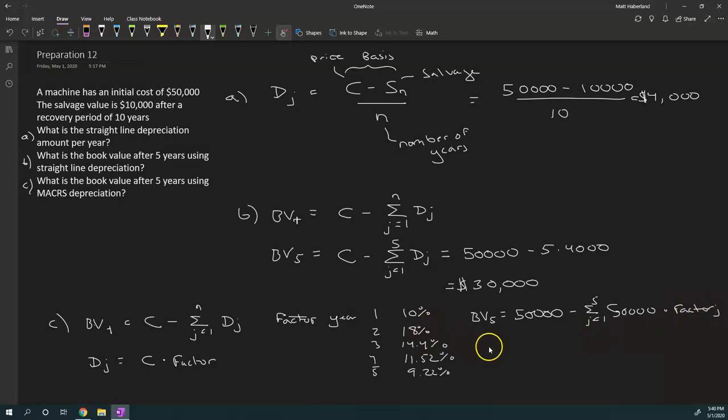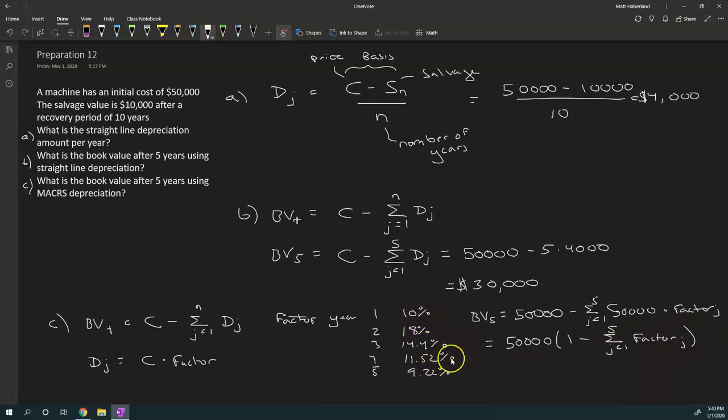And so that simplifies a little bit. It's 50,000 times 1 minus the sum from J equals 1 through 5 of the factors from years 1 through 5.